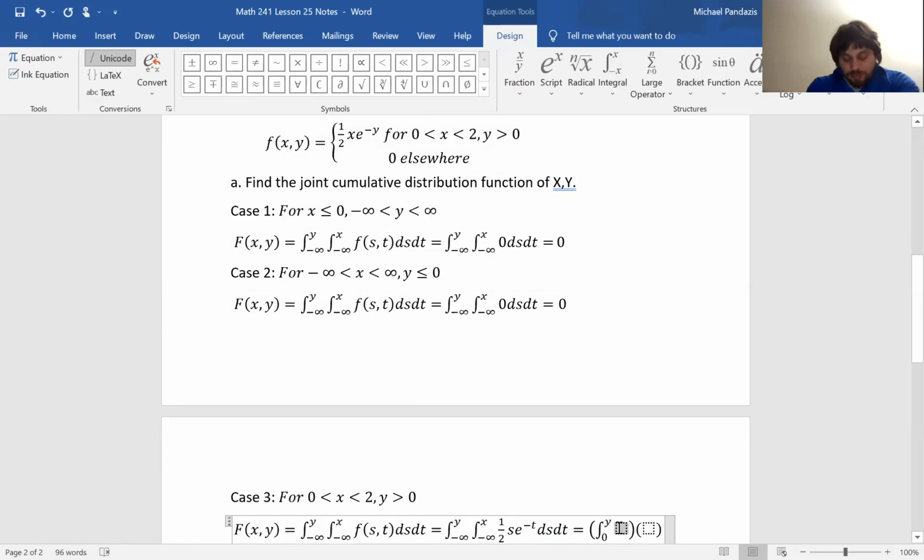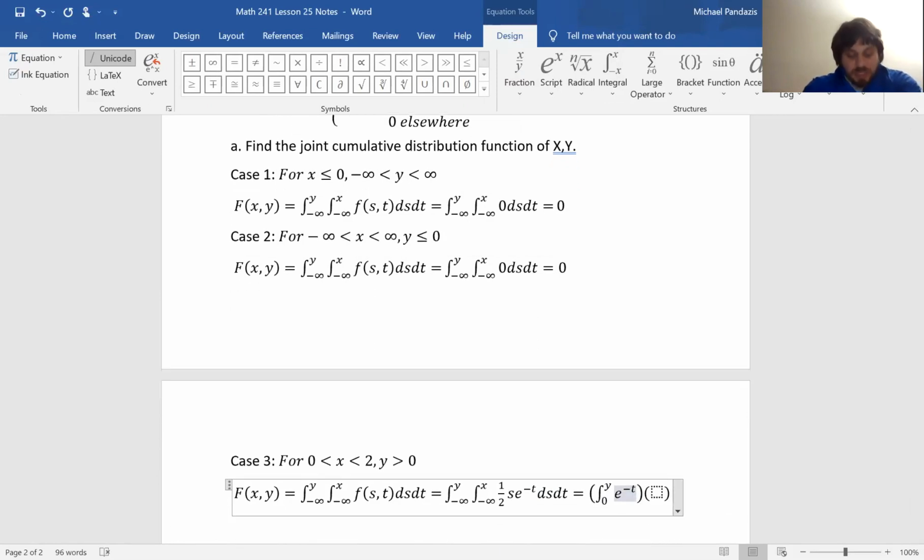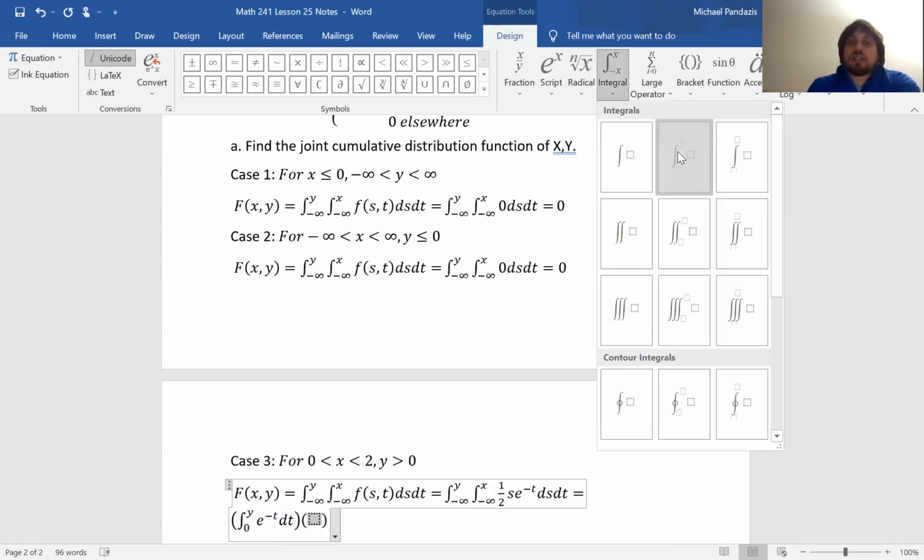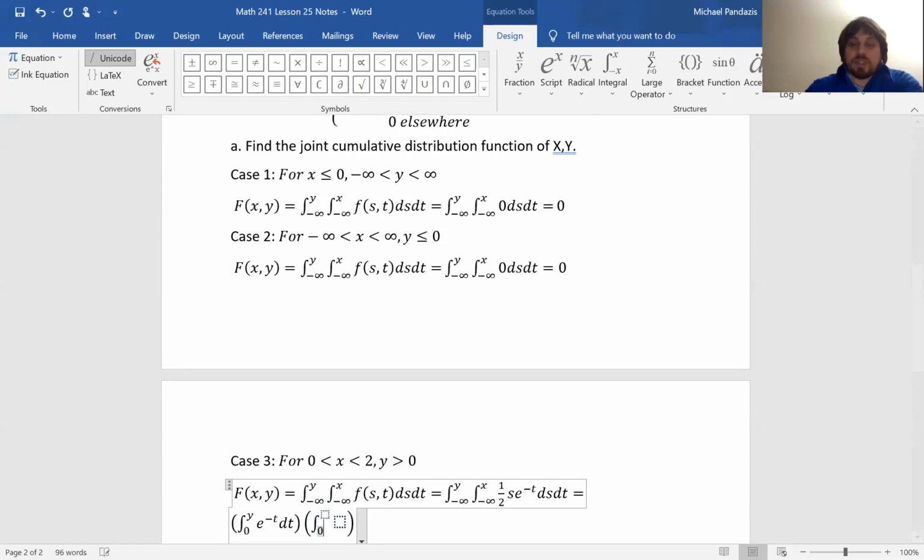The dummy variable is t, so this is e to the negative t dt, times the definite integral from 0 to x of 1/2 s ds.